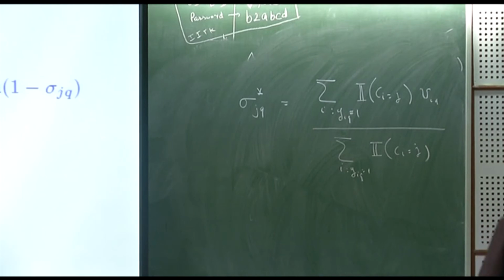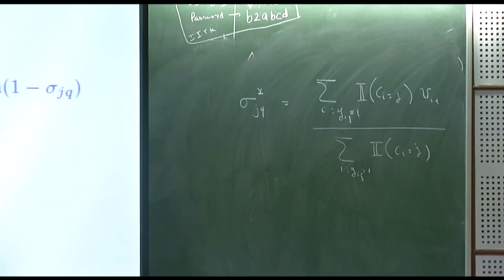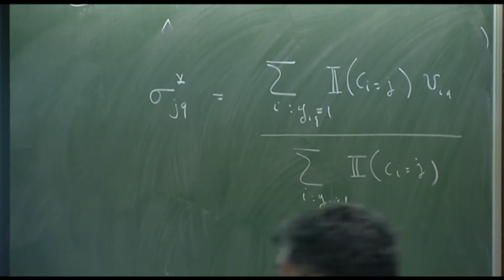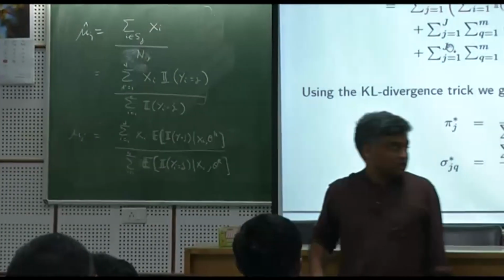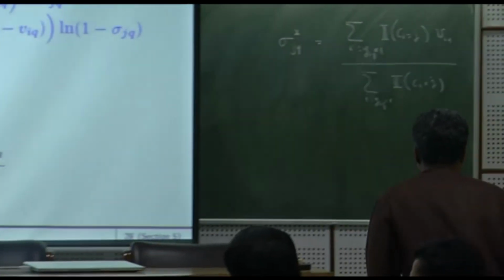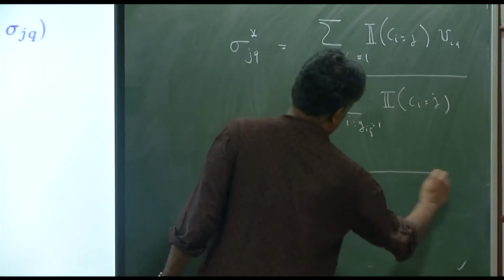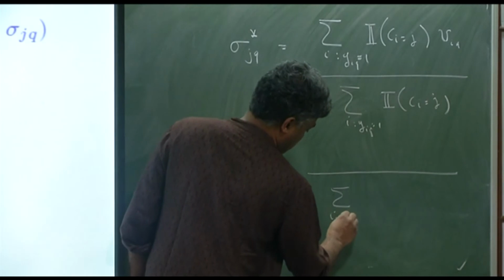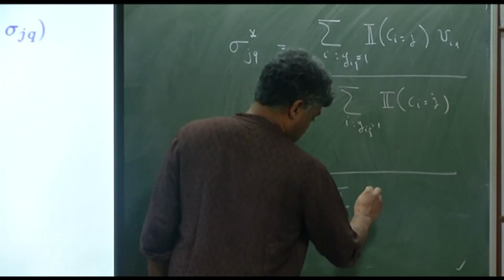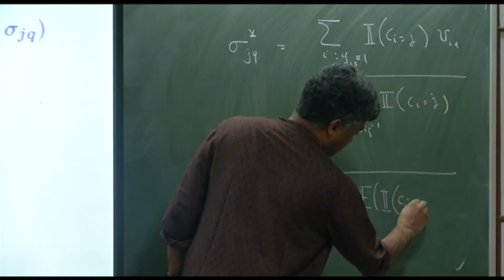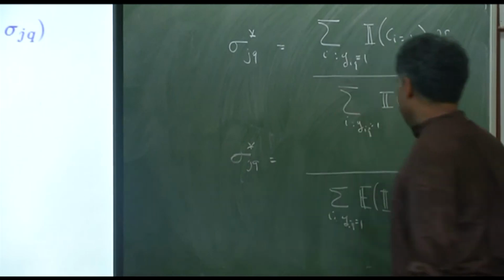So how would I calculate this thing to be the next quantity? How would I convert this into an EM algorithm story? We will replace the indicator functions by expectations. What kind of an expectation? So in EM, this will be summation over I, YIQ equals 1. The expectation, of course, of the indicator CI equals J, conditioned on what information?